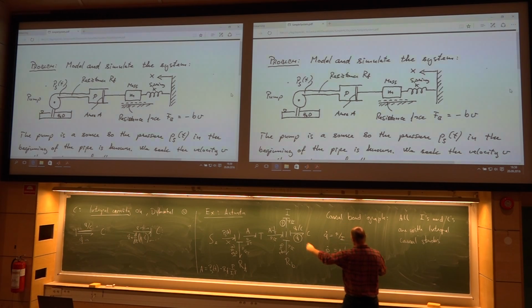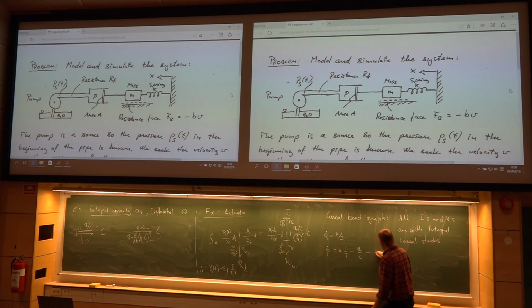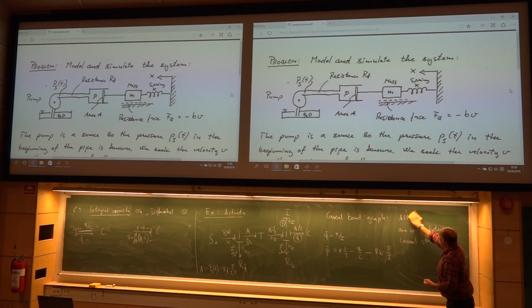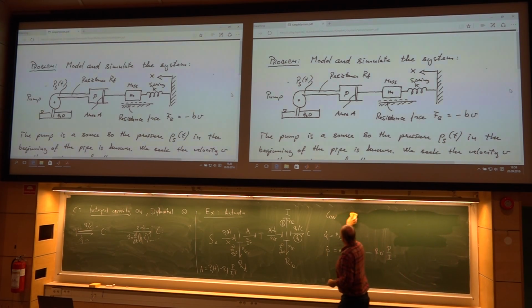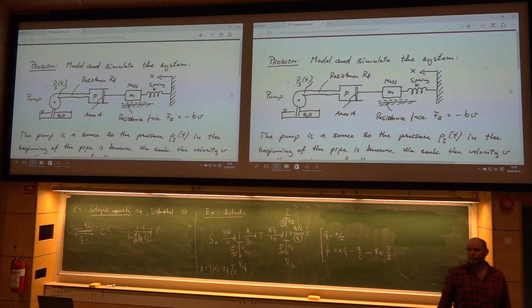So that must be minus Q over C, minus, and then the last one here, RB multiplied with P over I. And then we're done. There you have two first order differential equations. And you solve them. Just program and simulate. You'll find the solution.